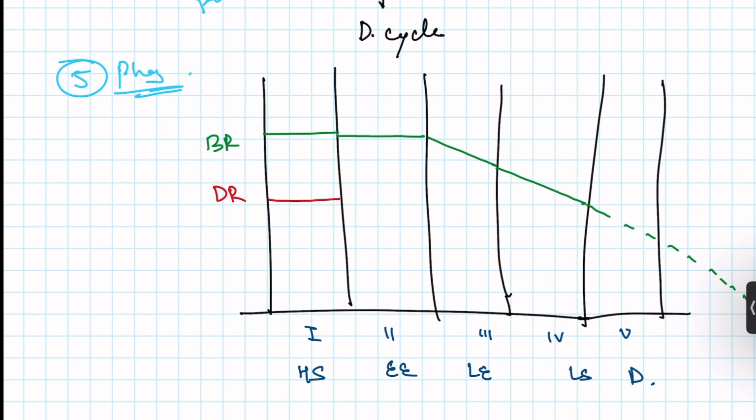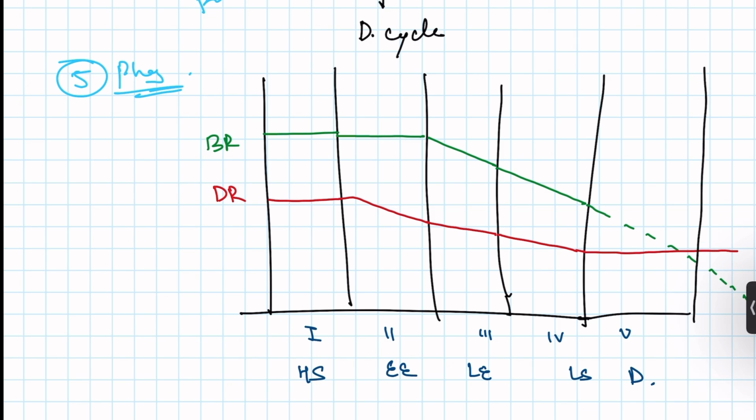Then in the second phase, it will start declining. Then there is a slow decline, and then again a slow decline, and in the fifth phase it is very slow declining, or we can say stable. Let us consider up to here, it is the fifth phase.